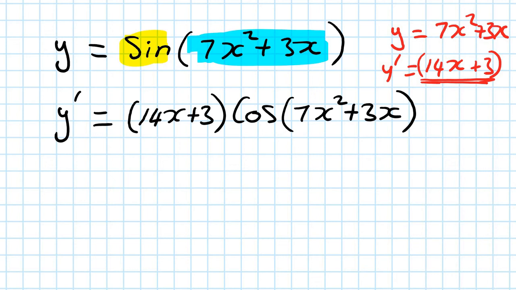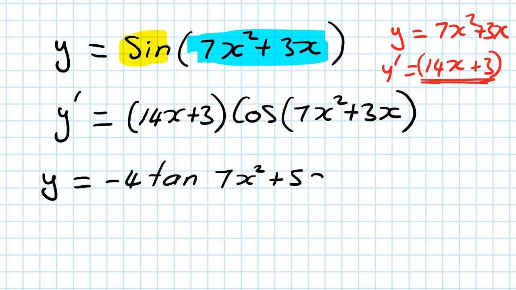All right, now the next one. Let's say y is equal to negative 4 tan of 7x squared plus 5x. So y dash is equal to angle first.